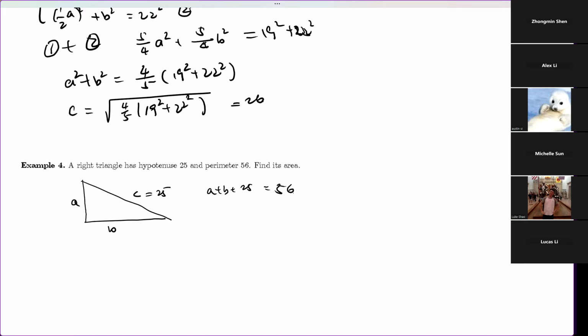So you're given this information: A plus B would be 31, yes, 31. So what do we want to find out? We want to find out A times B divided by 2. Can you use an algebra equation to solve it? And once you get the answer, please post it.